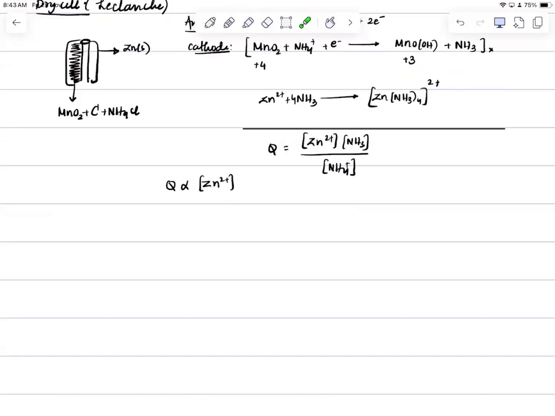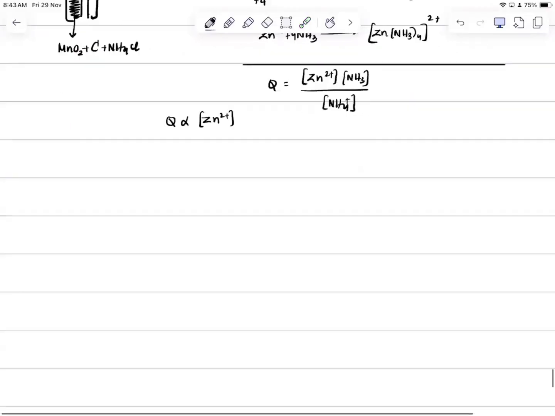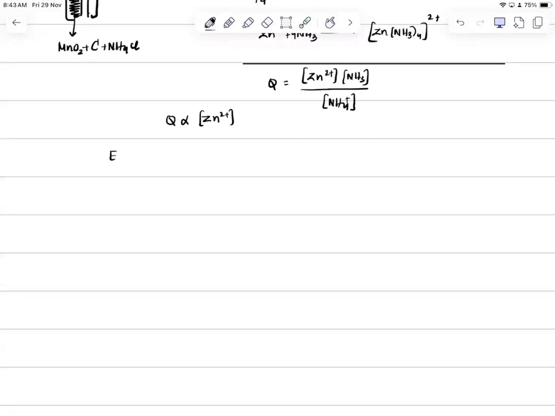Which means as the zinc gets completely consumed, you would notice a decrease in the E cell value. So E cell is equal to E naught cell minus 0.0591 by n log of Q. So the Q value decreases as the zinc concentration decreases. Clear?